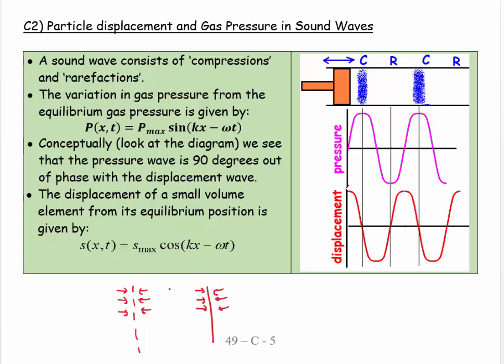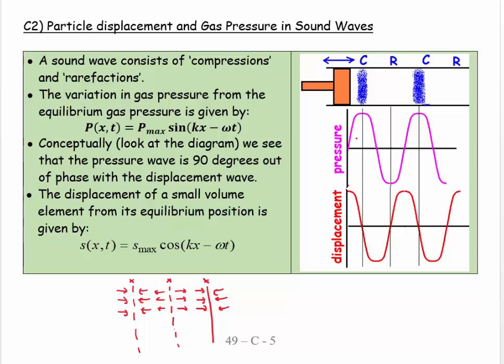And if I imagine the point where I have a low pressure, a rarefaction, how does it get so low? Particles move away from it. Now the particles in the middle, they just stay. Those particles don't move, these particles don't move, these are moved away from, these are moved towards, these are moved towards.